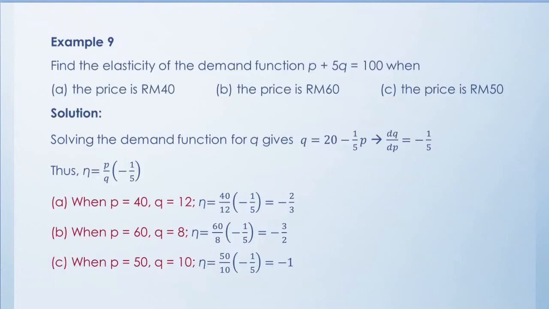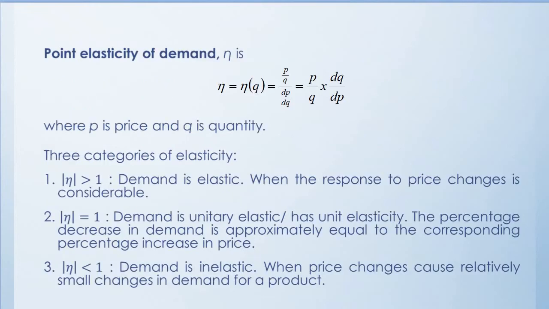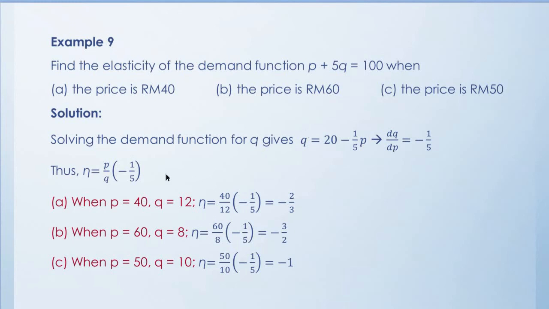Okay, now for example, find the elasticity of the demand function P plus 5Q equal to 100 when the price is 40 ringgit. Since the given function is P plus 5Q equal to 100, and by using the formula, price divided by quantity multiplied by dQ/dP, what we have to do is rearrange the function.